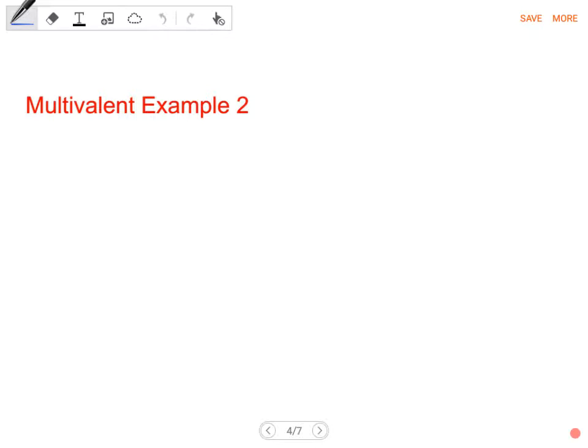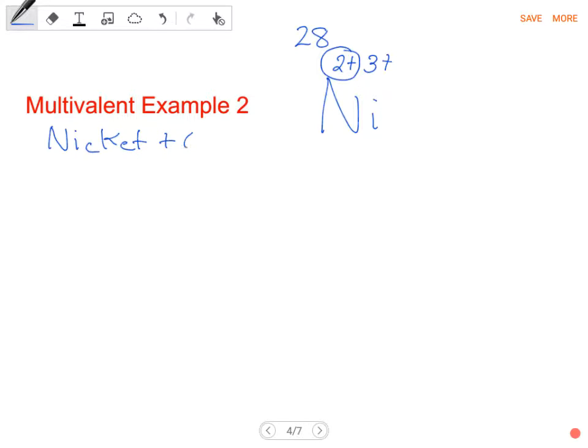Another example, let's go with nickel, right next to copper. So nickel is number 28, and it has 2 charges. It has a 2 plus and a 3 plus. Of course, the 2 plus is the common charge because we read that first. Let's do nickel plus oxygen.